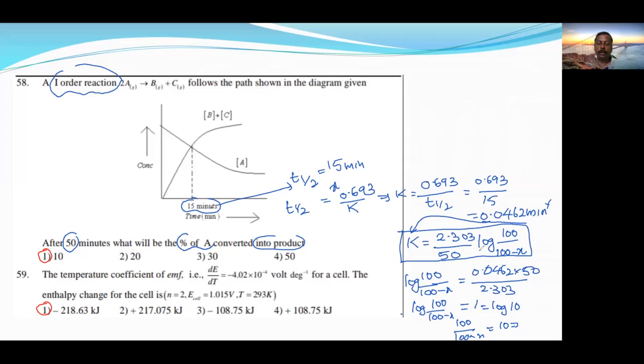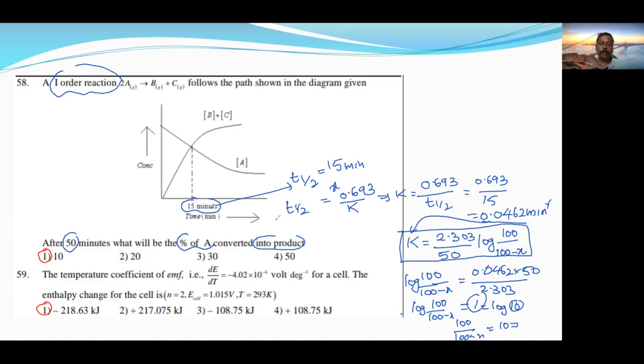How much percentage of A converted into product? So here if you cross multiply, K is 0.0462 into 50 divided by 2.303. So you will get 1. So 1 means it is 10. So that means 10% of A converted into products.